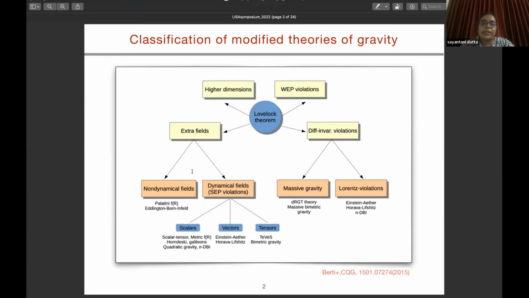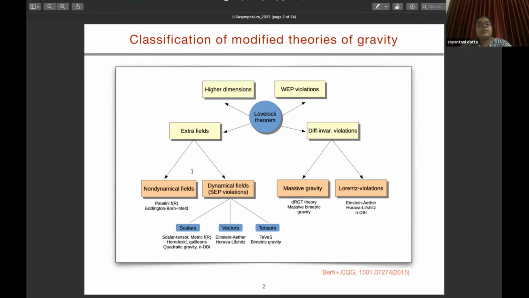Shown here is a brief classification of these various modified gravities based on Lovelock's uniqueness theorem, where each modified class arises from violating one of the underlying principles of GR. For example, there could be dynamical fields non-minimally coupled to G mu nu, or auxiliary fields to the stress energy tensor.